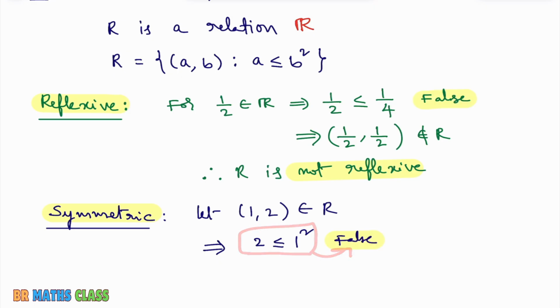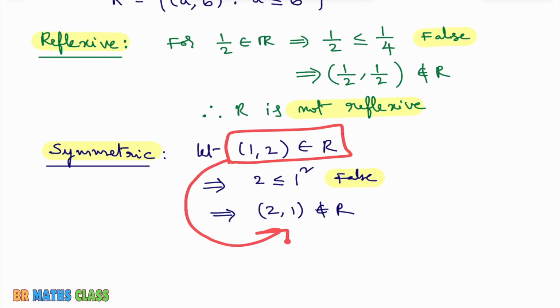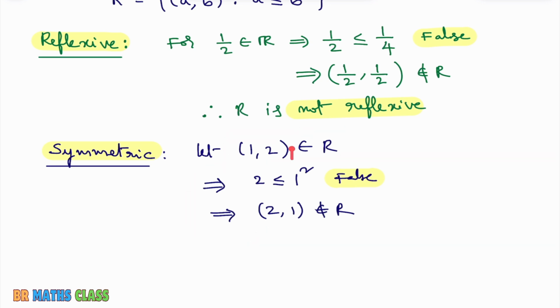As it is false, I can say that the ordered pair 2 comma 1 does not belong to the relation. Here 1 comma 2 is in the relation, but 2 comma 1 doesn't belong to the relation. The ordered pair 1 comma 2 fails to satisfy the symmetric condition. I can say that this relation is not symmetric.